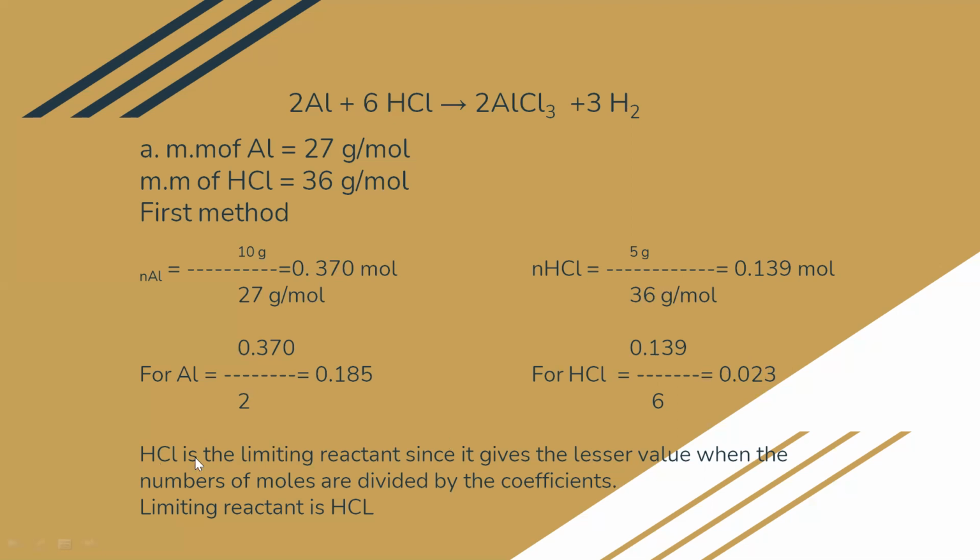Now, hydrogen chloride is the limiting reactant since it gives the lesser value, 0.023 versus 0.185. So the lesser value is hydrogen chloride when the numbers of moles are divided by the coefficients. So the limiting reactant in this sample problem is hydrogen chloride.